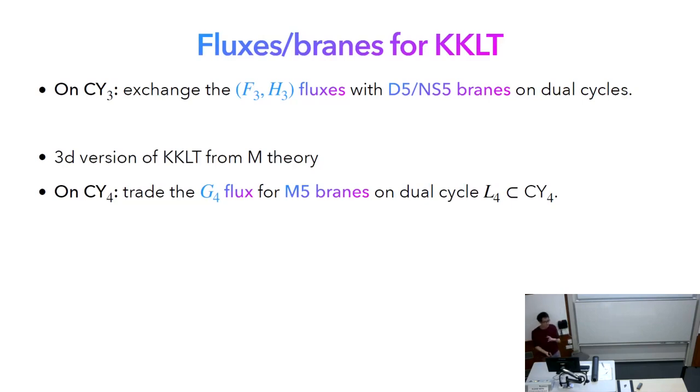Actually, there is a simpler 3D version of KKLT from M-theory. You compactify M-theory on a Calabi-Yau 4-fold, which is a kind of enhanced version of the Calabi-Yau 3. Here, the flux-brane exchange would be that you trade a G4 flux on the Calabi-Yau 4 for M5 branes on the dual cycle L4 within the Calabi-Yau 4.